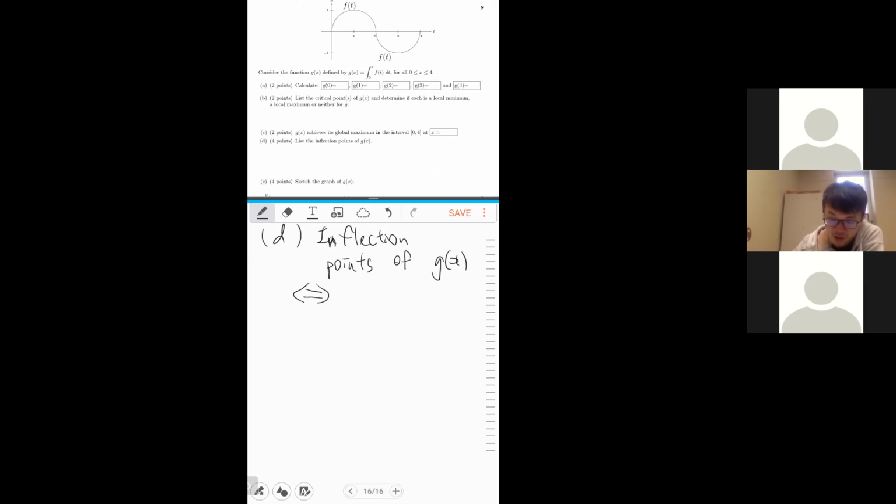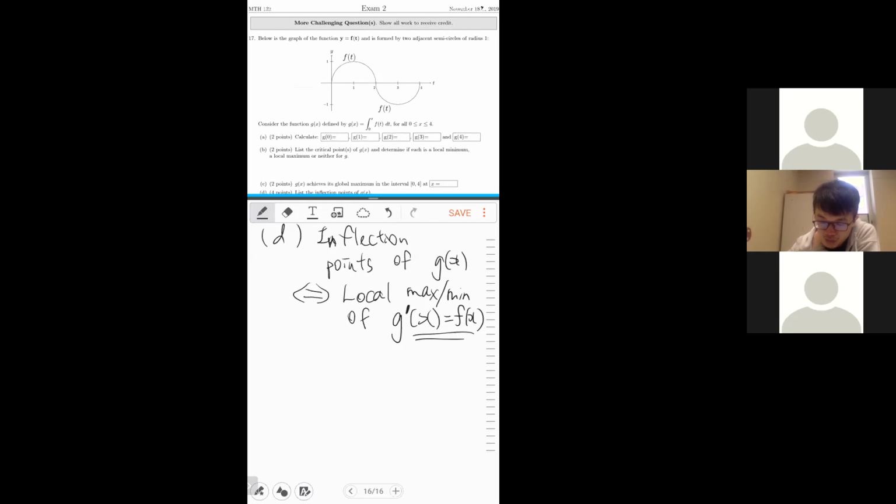We mentioned last time that inflection points of g of x would be the same as local max or min of g prime of x, which in this case is f of x. This is by the fundamental theorem of calculus that we used earlier. So what is the local max or local min of f of x?